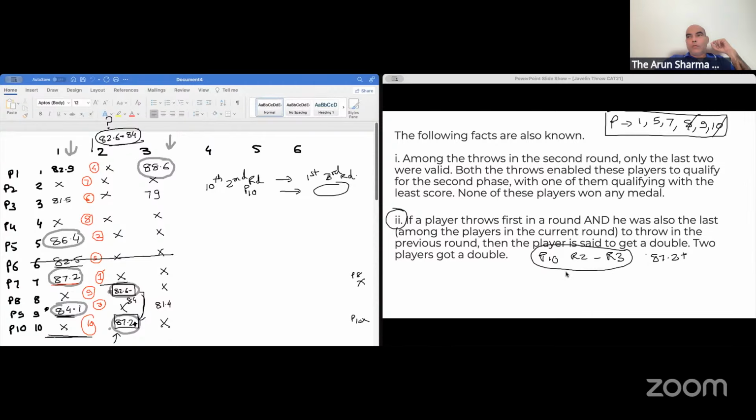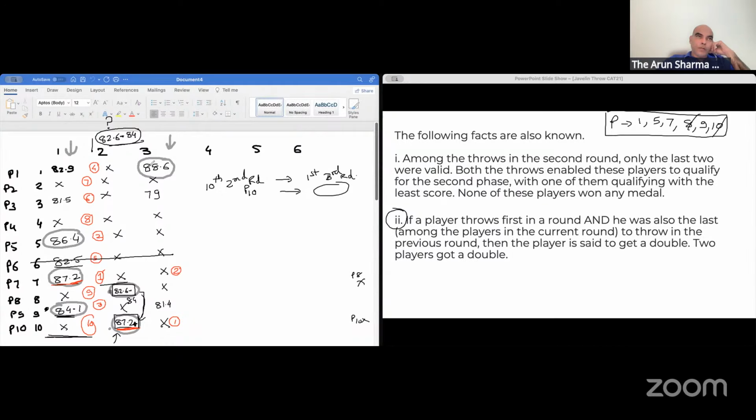Now, in the third round, if P10 goes more than 87.2, then what is going to be the order of throwing in the third round? He's going to be the first thrower in the third round. So 10 to 1 becomes a double. The second thrower is going to be the second highest throw till now, the 87.2.